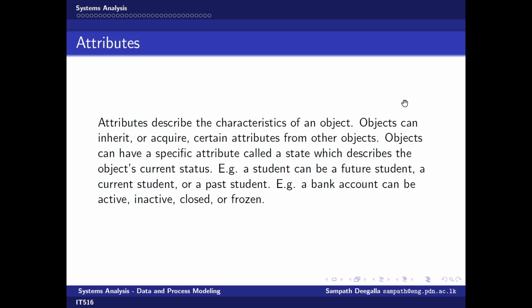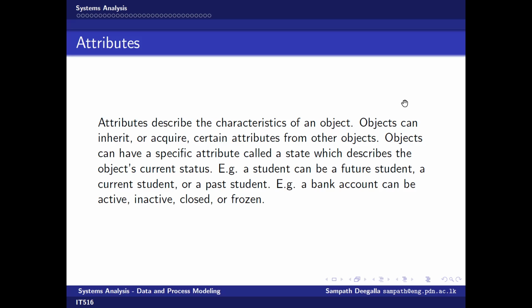An object can have a specific attribute called state, which describes the object's current status. The status of an object may change. Right now you are enrolled in the MSc program, which means you are a current student. Once you complete it, you will become a past student.